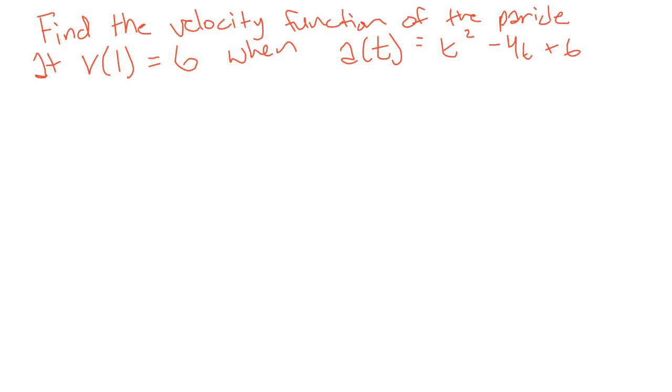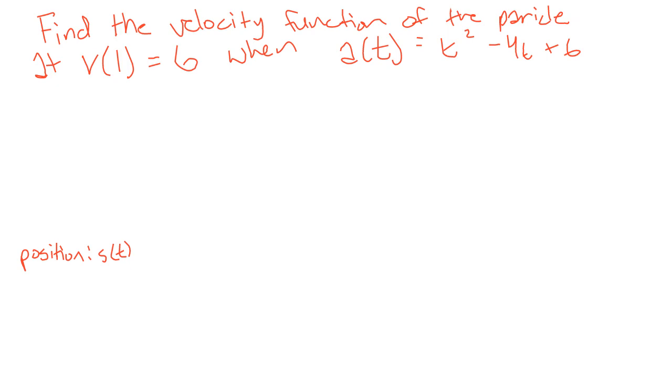All right, so this is going to be an applied one. When we're thinking about motion, we start off with our position function, which is usually referred to as S of t.